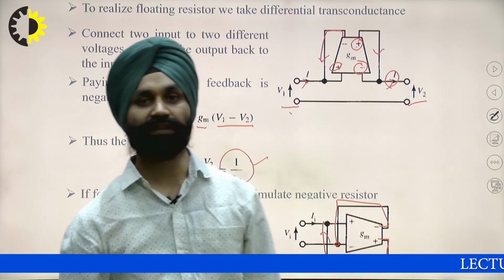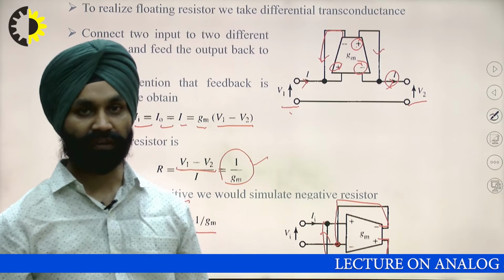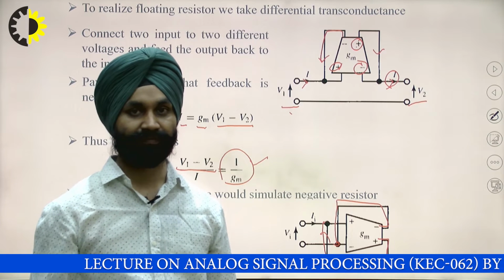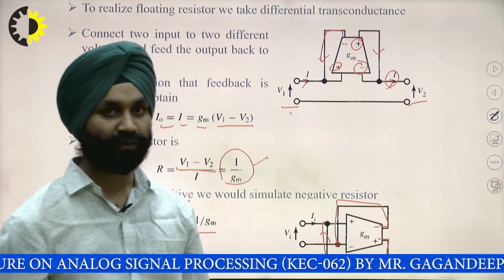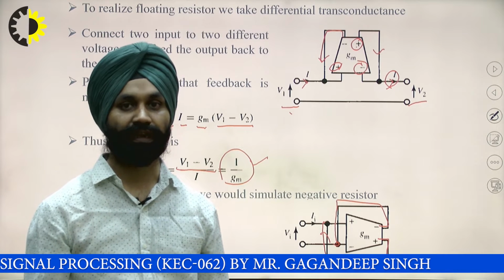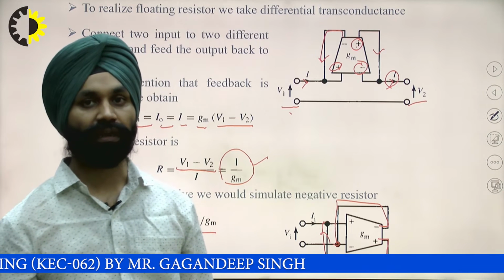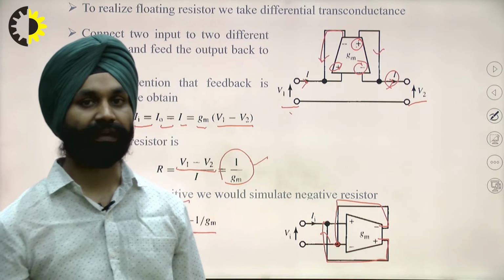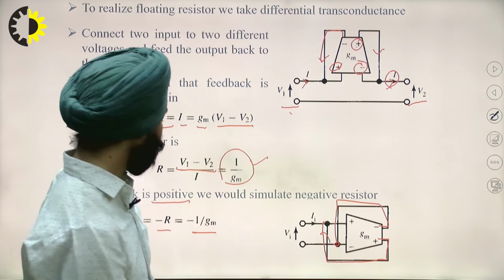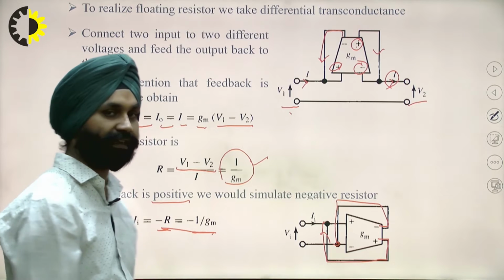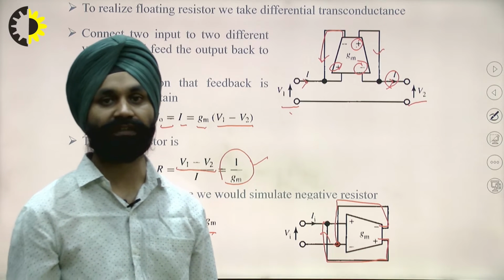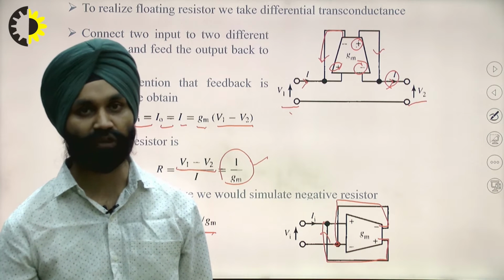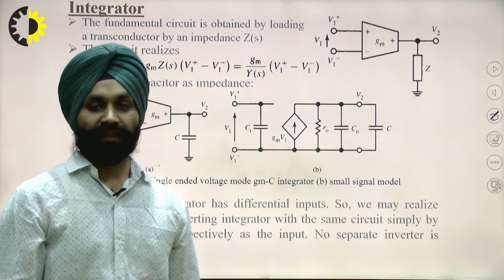Now here you can see, as in Bruton's technique, we have created negative resistance, frequency dependent negative resistance. So it can also be used in cases where we require hypothetical or impractical components, like negative resistance, that can be created using a transconductance amplifier but cannot be created with actual components.